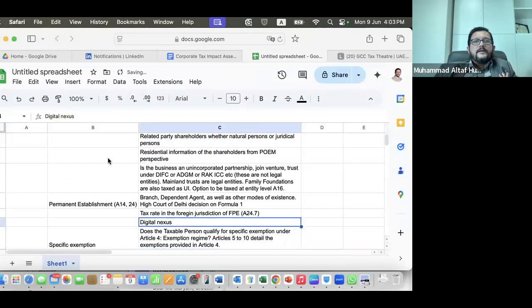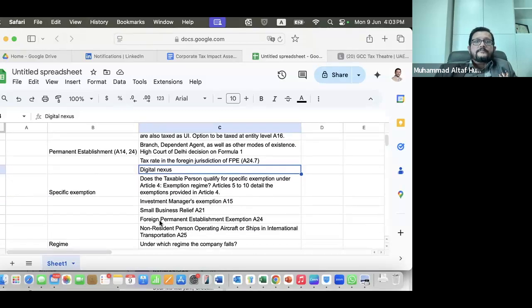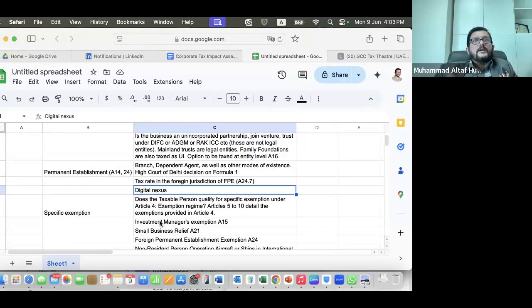As a matter of fact, this can be an advisory area for so many people who are conducting business in the UAE through digital nexus. It might come up later. It is already here, it's just that it is not written in black and white. Not addressing something in black and white does not by default preclude it from the dragnet of tax.